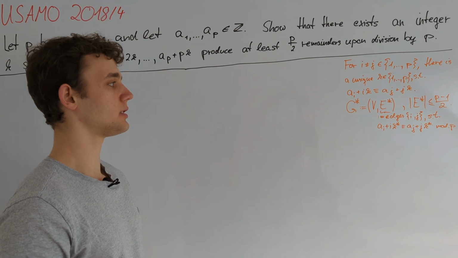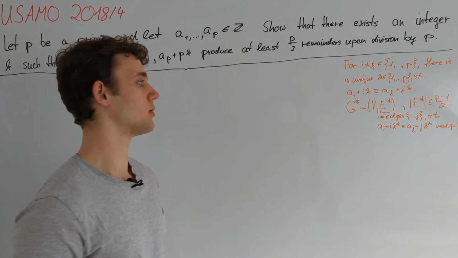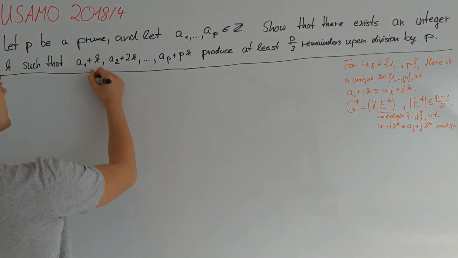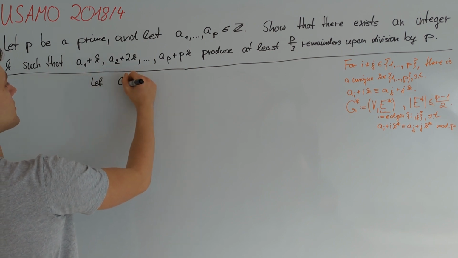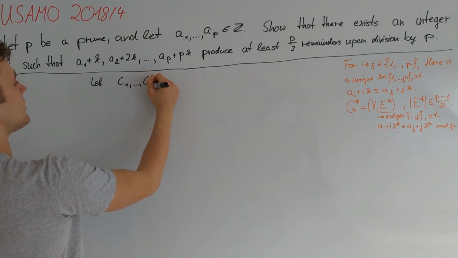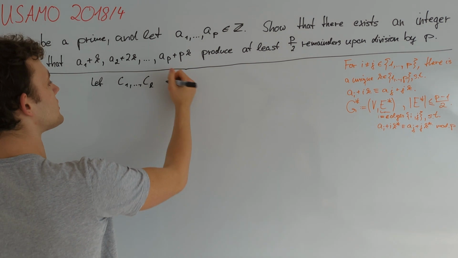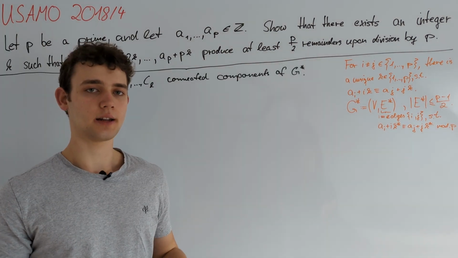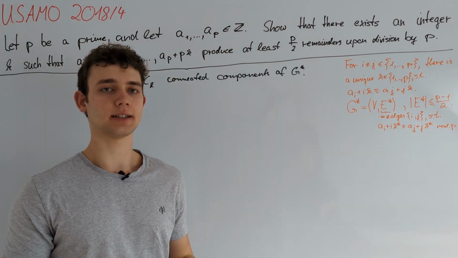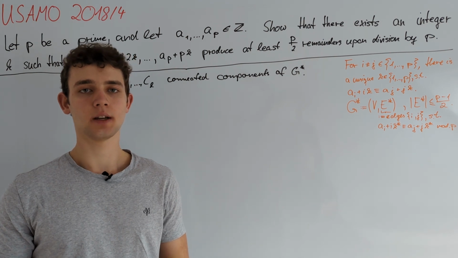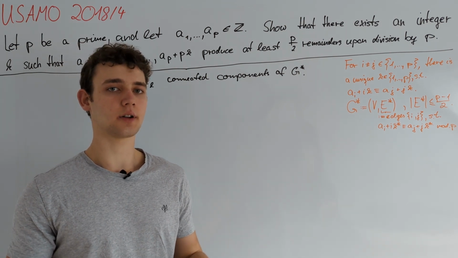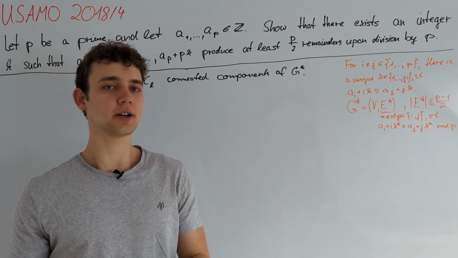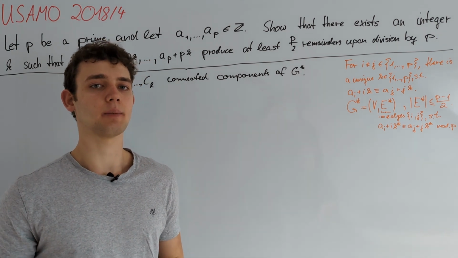Therefore, we can deduce a lower bound on the number of connected components of G star. So let C1 up to Cl be the connected components of G star. We know that any connected graph on n vertices has at least n minus 1 edges, because a minimal connected graph on n vertices is a tree, and a tree on n vertices has exactly n minus 1 edges.